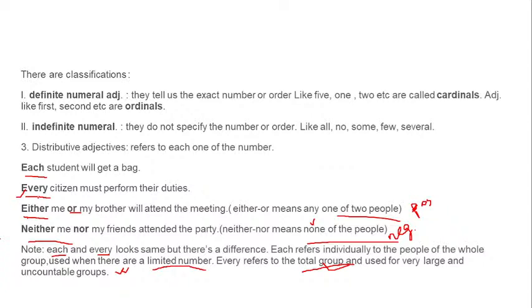It implies population, so it is very large in number, but compared to that, student is much less, almost very less compared to citizen. Student is just a class or just a school of students, so it can be counted. There is a count of students, but there is usually no count of citizens, and it implies an uncountable group. So that is why we have used every.